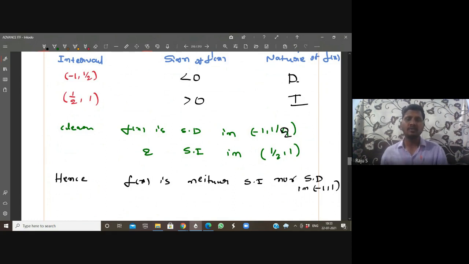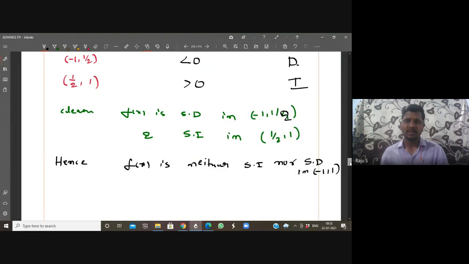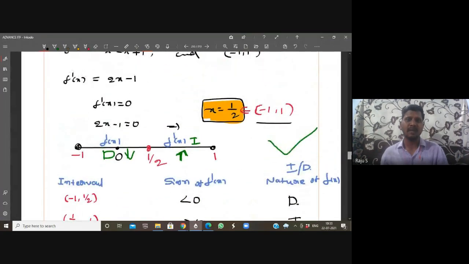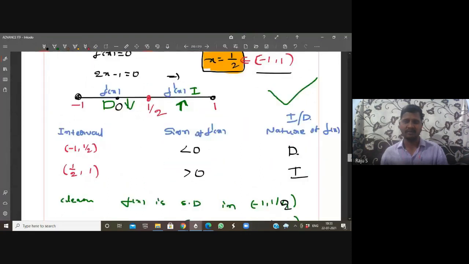If you understand this increasing, decreasing concept very clearly, maximum and minimum become easy. In maximum and minimum, we are going to use the first derivative test and the second derivative test. With the help of that, we can get the maximum value and minimum value of a function.